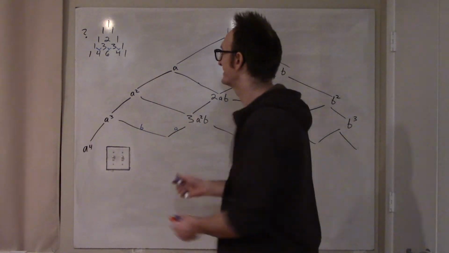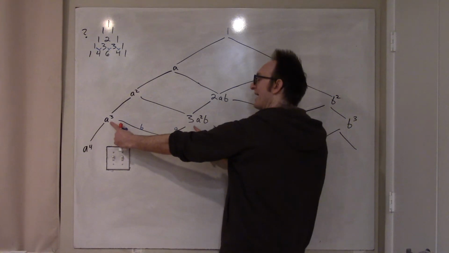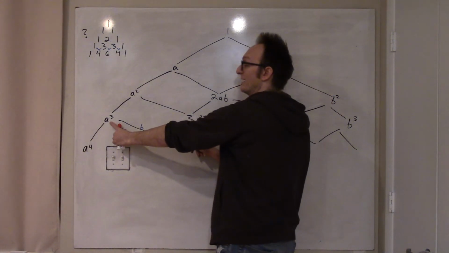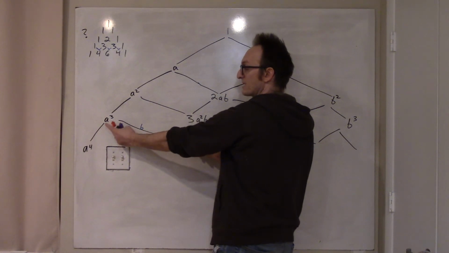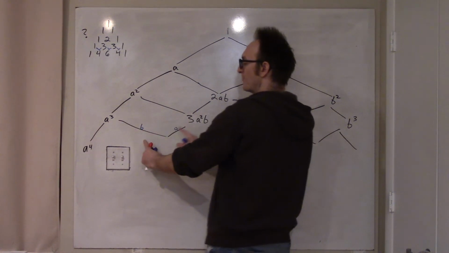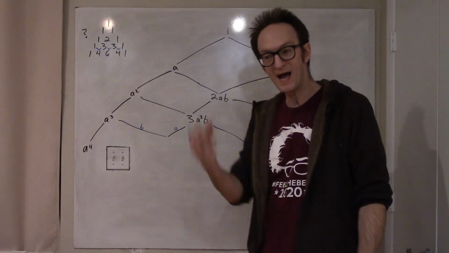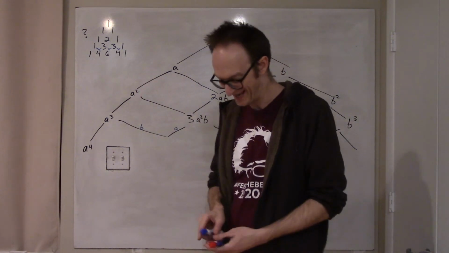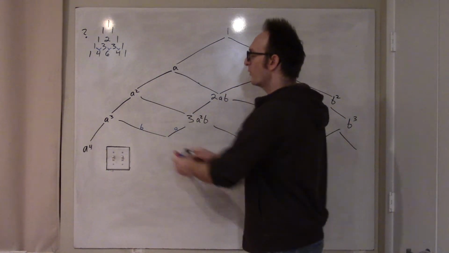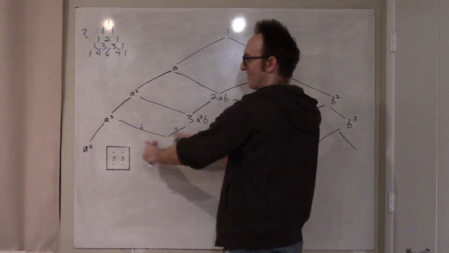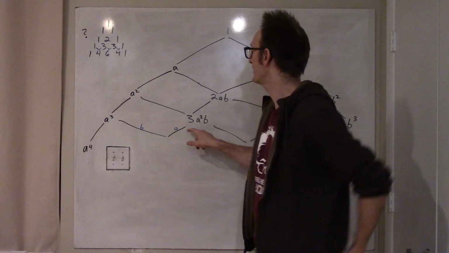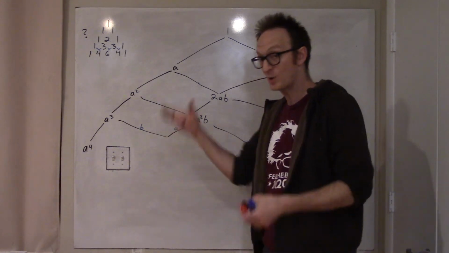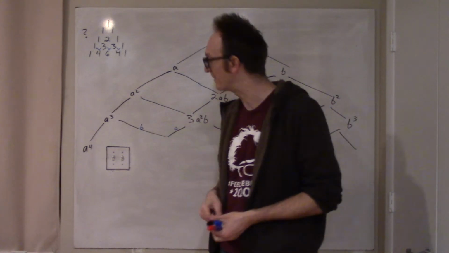So in other words, comparing any two numbers in the tree, if this has one more A than this does, and this has one more B than this does, then by multiplying this one by B and this one by A, I make them the same. It's not a coincidence that these two fuse like that. Multiplying A cubed by B and multiplying 3A squared by A is going to make the number of A's and B's the same.